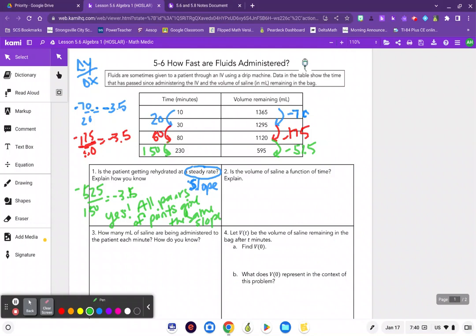All right, 2 says, is the volume of saline a function of time? And remember, when we talk about functions, we ask, is there one input to each output? So my volume is my output, and my time is my input. And yes, each time will match with only one volume.